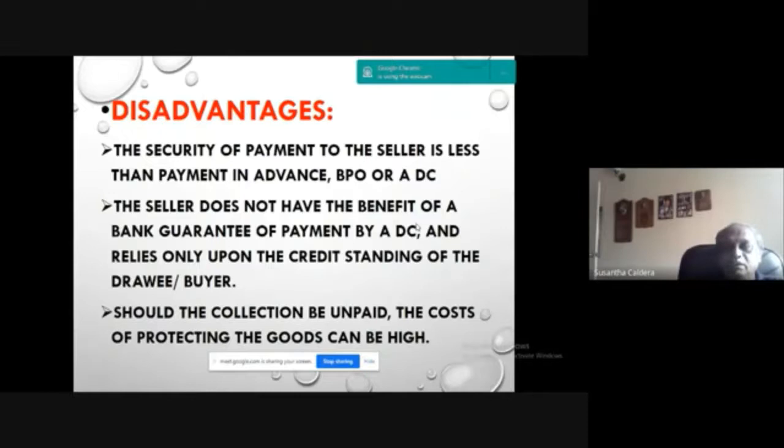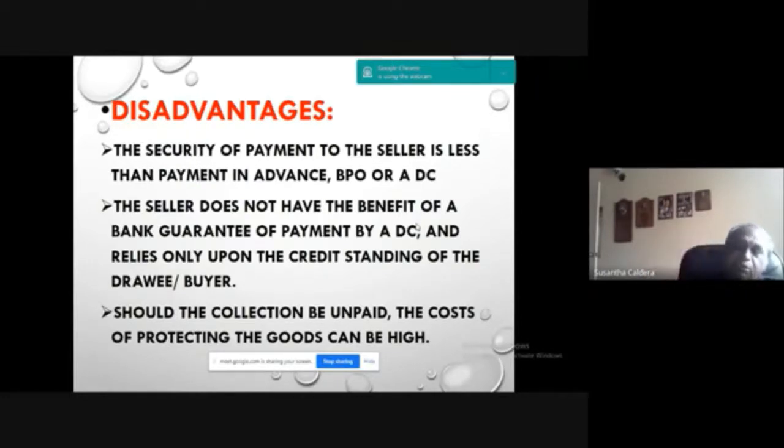BPO or a DC. What is BPO? BPO is bank payment obligation. There was a thing for bank payment obligations under open account.